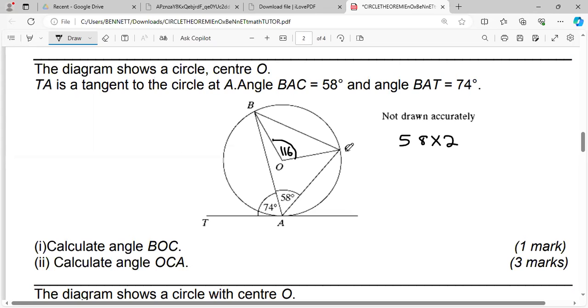Alright, now that we have this, they ask us for OCA. So they want this portion alone. They make it a little bit difficult, but we still can find it, right? One way we can find it, we know that the entire angle is actually 74, because it's equal to this angle right here.